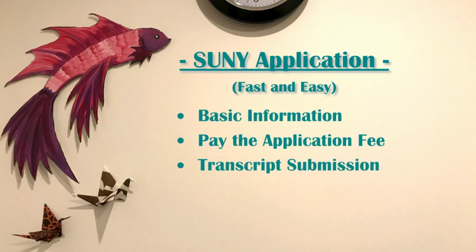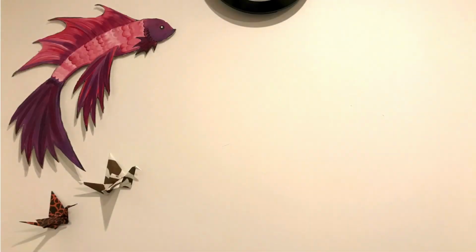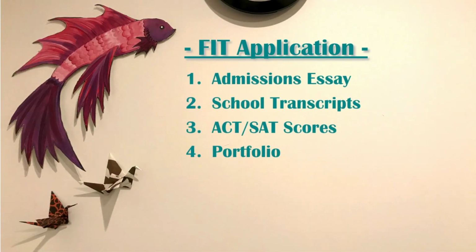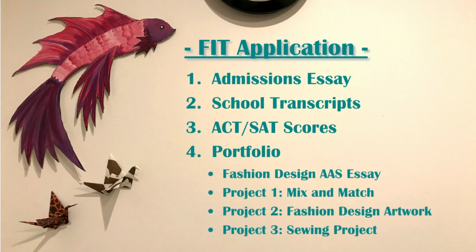Again, I highly recommend you do it as soon as possible, even after this video, so you can get your FIT username and password. The fourth thing that I mentioned is the FIT application and all the requirements you need to do. But don't worry, the next 2 videos are going to cover in detail what you need to do step by step. That's not too bad, right?